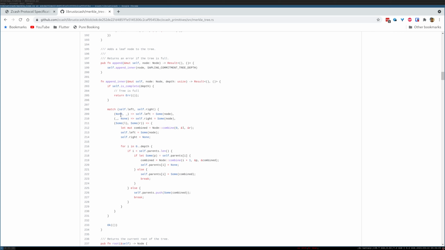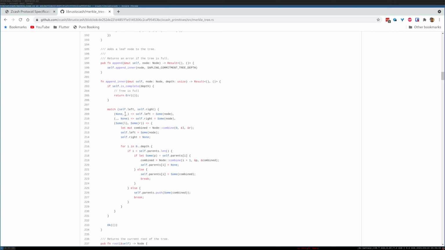It says here either left is none, here right is none, and here both are occupied, right? If left is none, we don't care about the right, which actually will be empty as well. We could assert that right is empty, but that's not done.